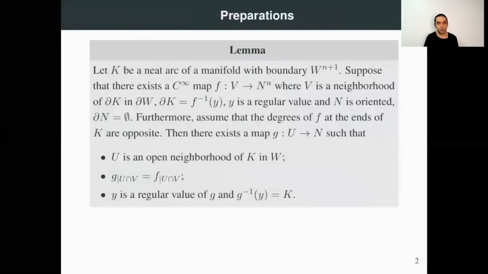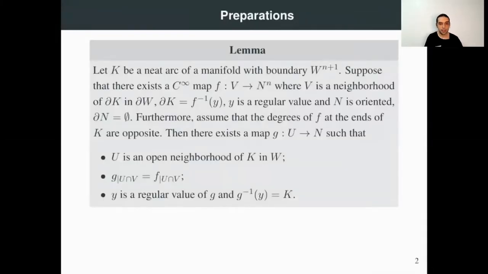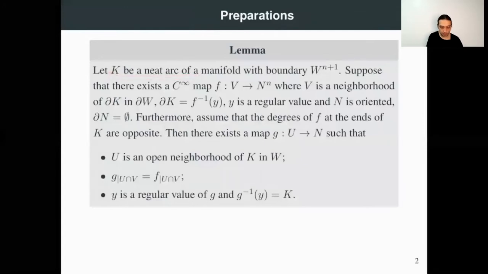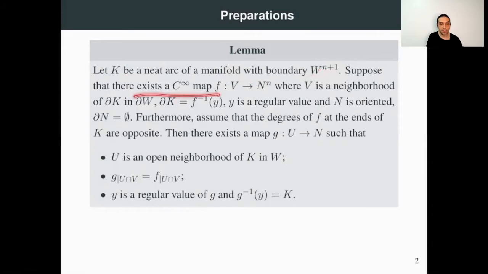So in order to prove Hopf's theorem, let us consider this technical lemma that is going to be very useful in the proof. Let K be a neat arc of a manifold with boundary W, whose dimension is n+1, and suppose that there exists this smooth map F from B to N, where B is a neighborhood of the 2 points in the ends of the neat arc in the boundary of W, such that these 2 points are the unique points whose image is Y, and moreover Y is a regular value.